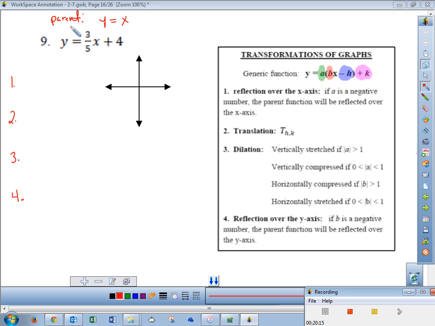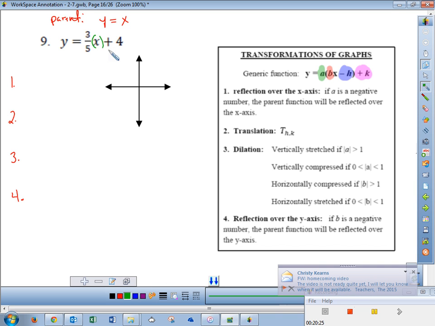So we have already identified our parent function here on number 9, y equals x. The first thing I look for is to see if this gets reflected over the x-axis or not. And that's tricky for people on 1.6 because there are no groupings. But you can put them in there. They're right there. There's the grouping.